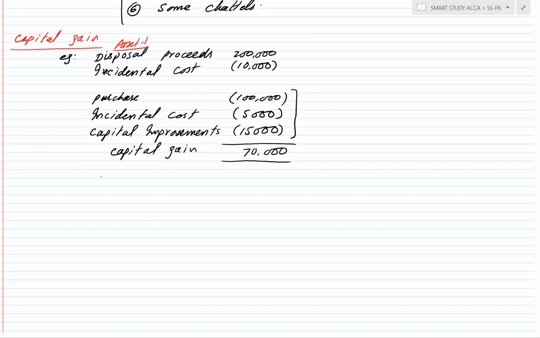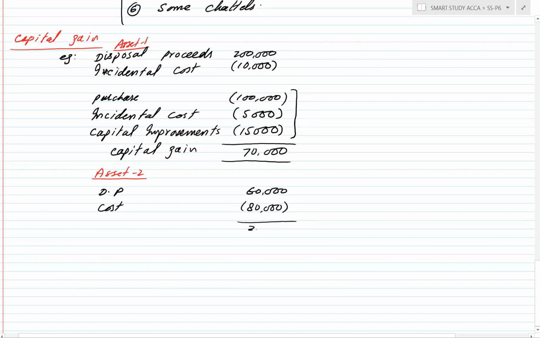Suppose we have sold another asset, asset 2. Disposal proceeds. We have sold this asset for £60,000. Cost of this asset was £80,000.